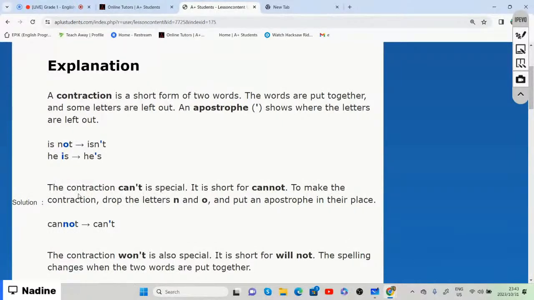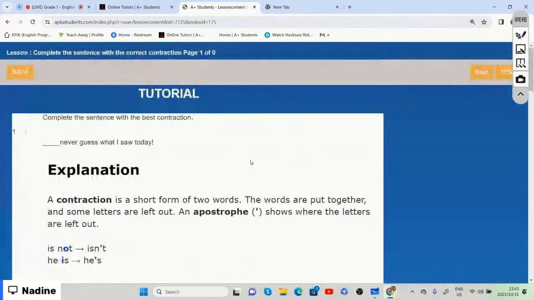So we remove the N and O, we put the apostrophe, add the T, and then we are able to make a contraction using can't.